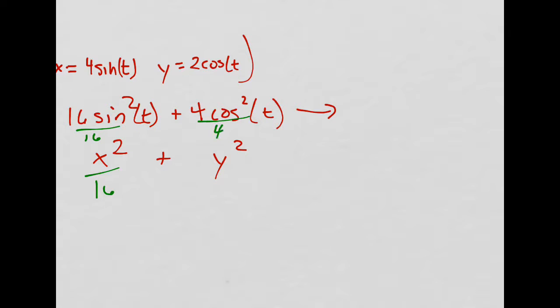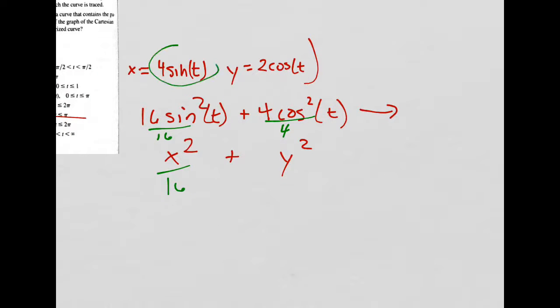It can be kind of confusing, so try and think about it. Remember, x is 4 sine t, so if I square it, I get 16 sine squared t. And then here I want to divide by 16 so that I can get rid of that 16, so I have a sine squared only. But to do that, I also have to divide the x squared by 16. So then it comes out to be like this.